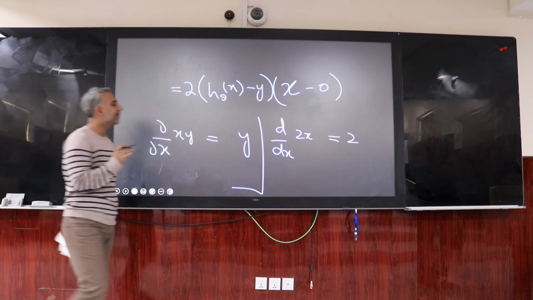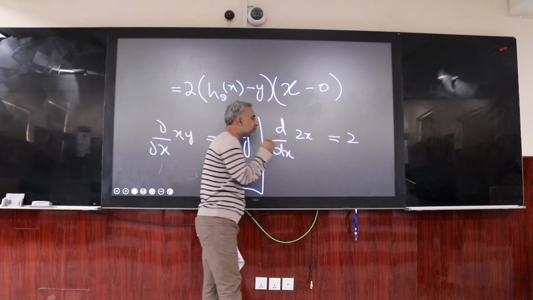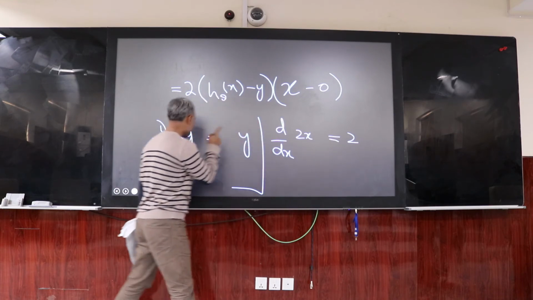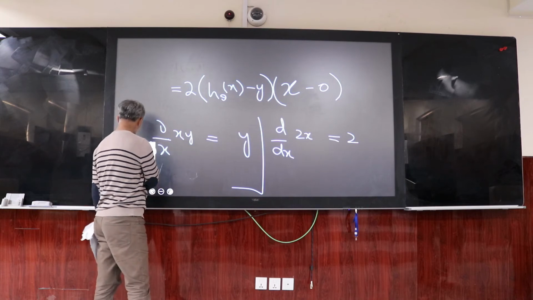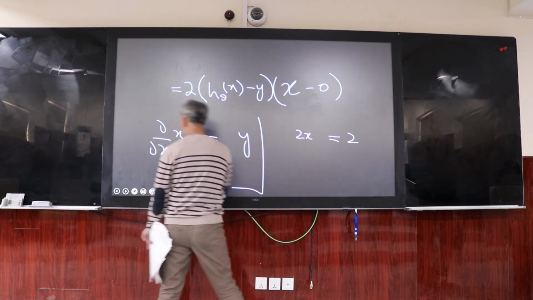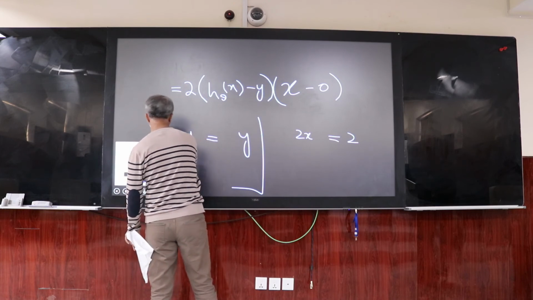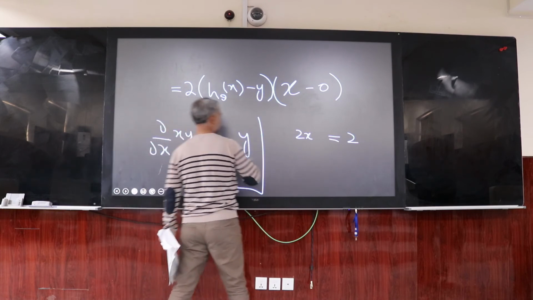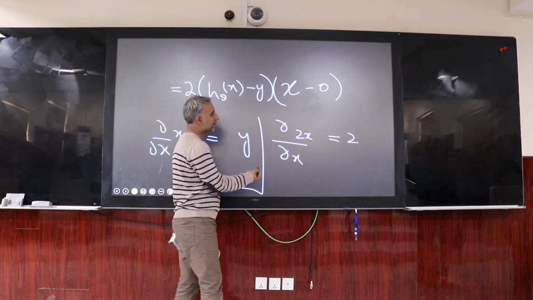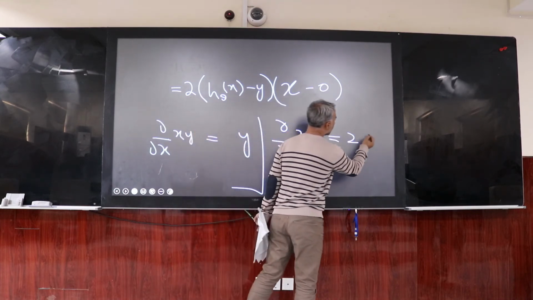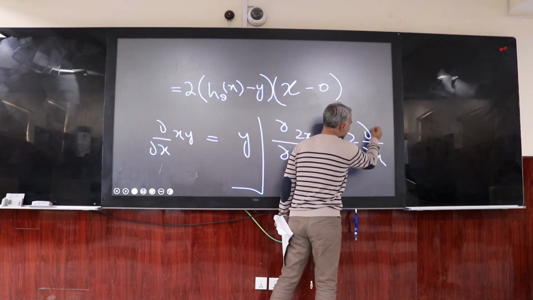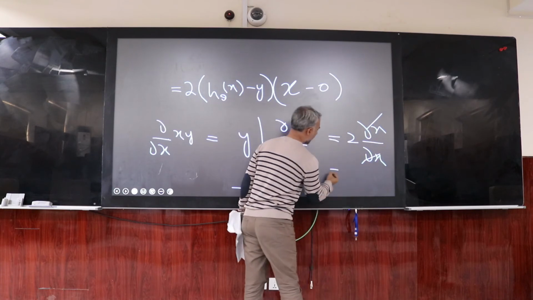We can write, if we are talking about the partial derivative, partially for the x value, 2 partial x over partial x, this x will be cancelled out, so we will get 2.